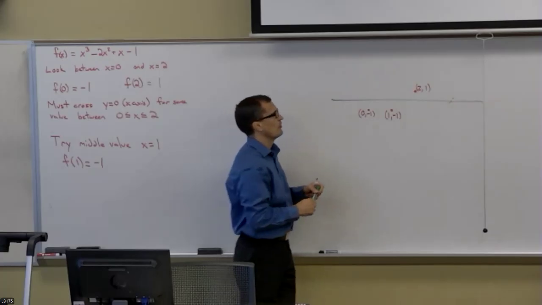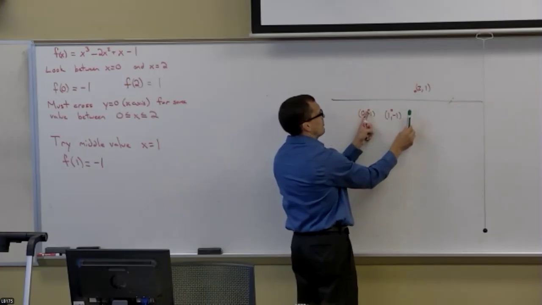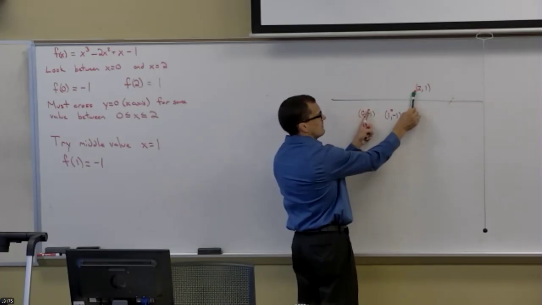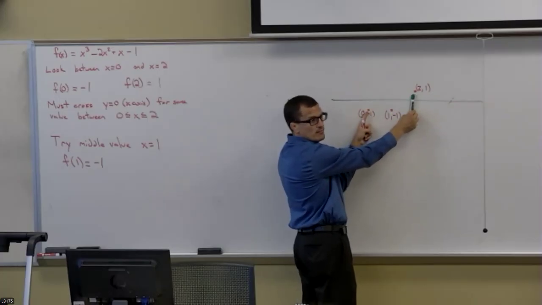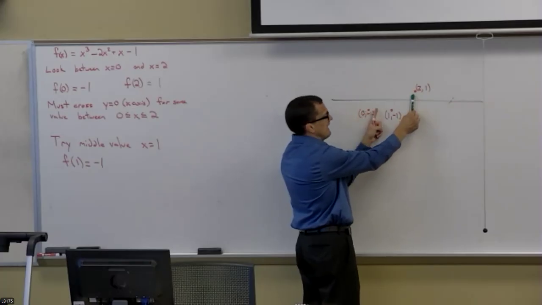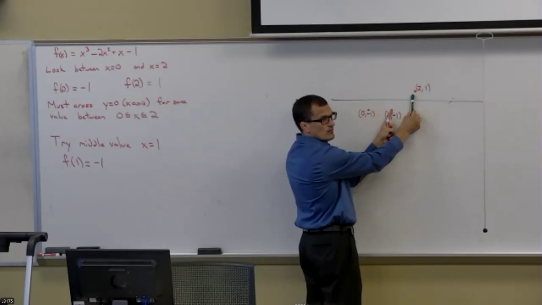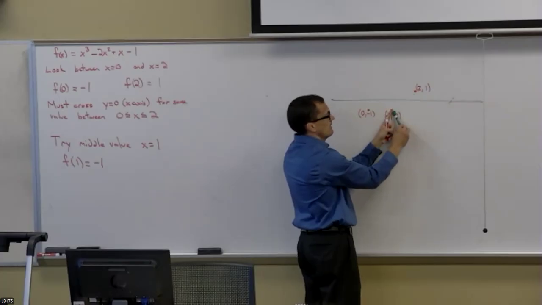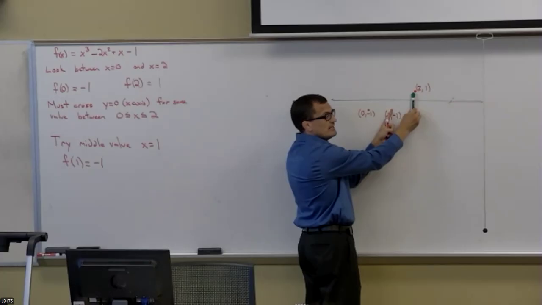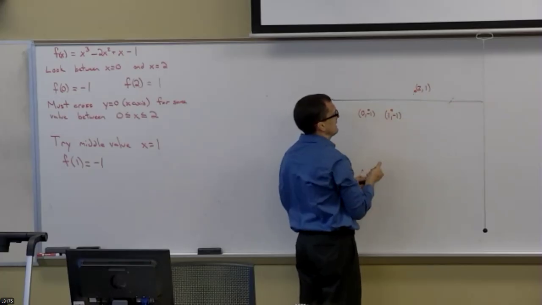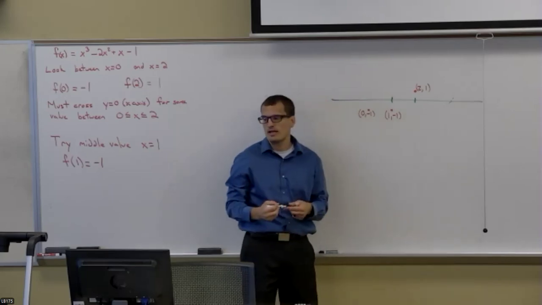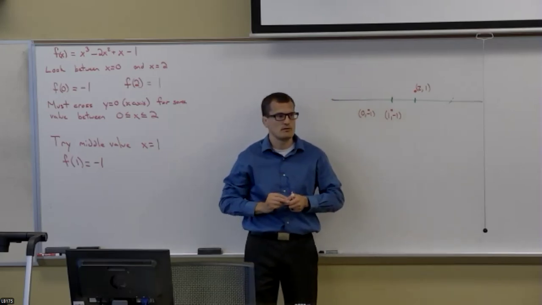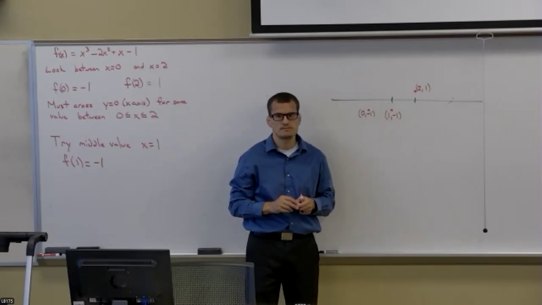So earlier I said that since this point is below and this point is above, there has to be some crossing value in between those. But notice now I can shift my start point over to 1 and my end point over to 2. Now I know that there has to be some crossing point between x value of 1 and x value of 2. Do you follow that? Again, because of the intermediate value theorem.